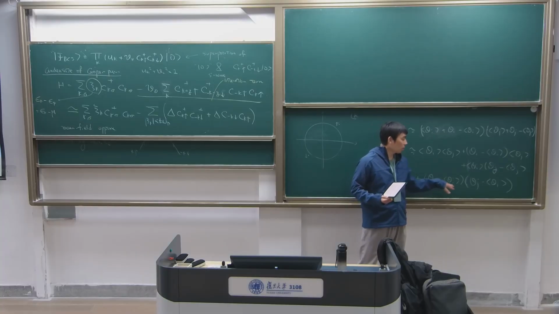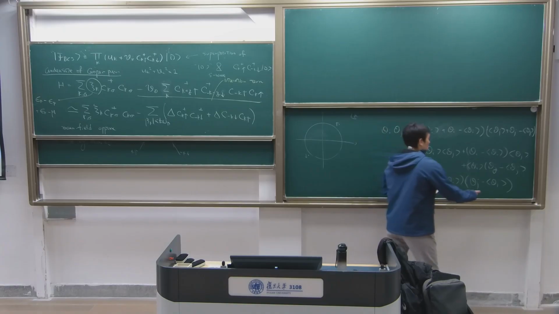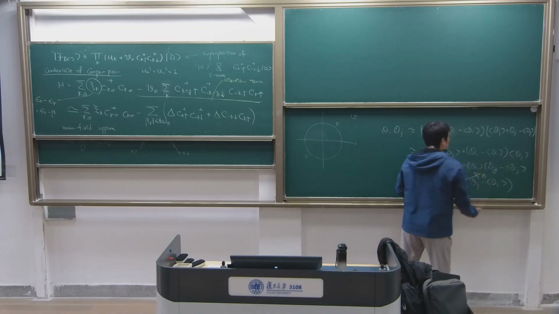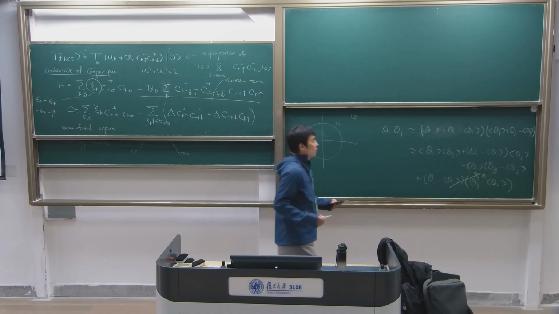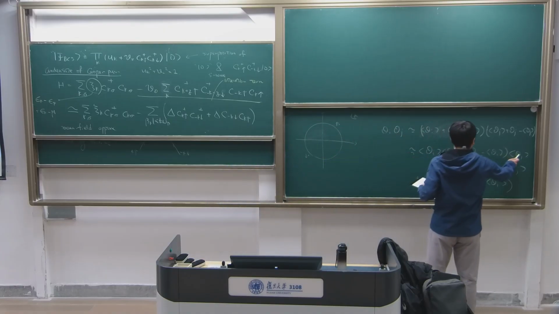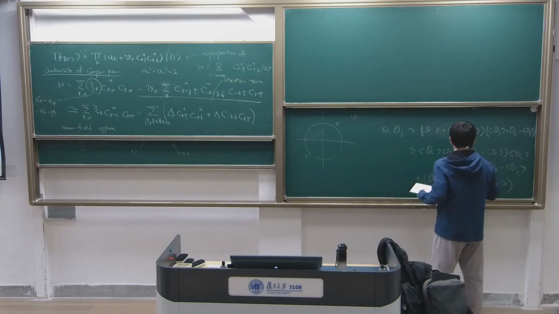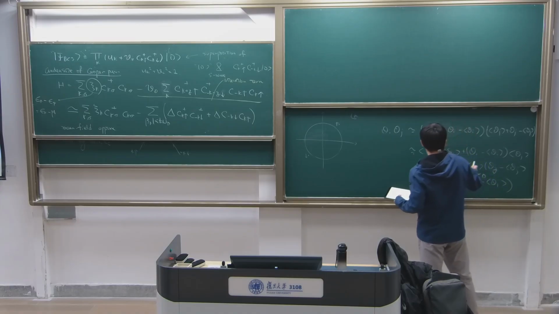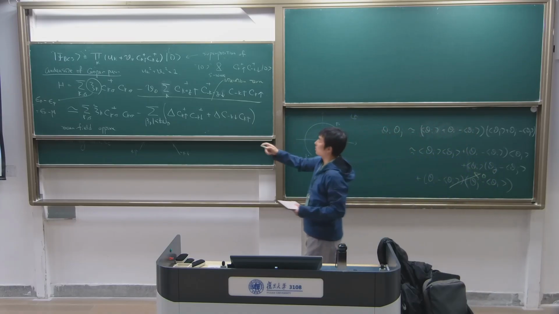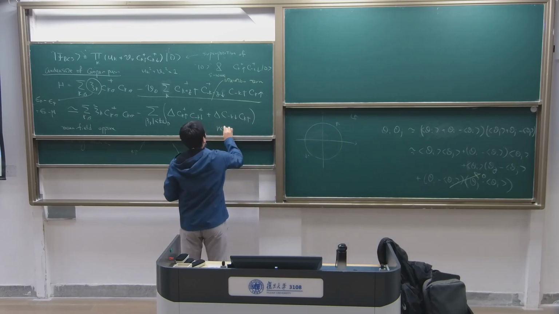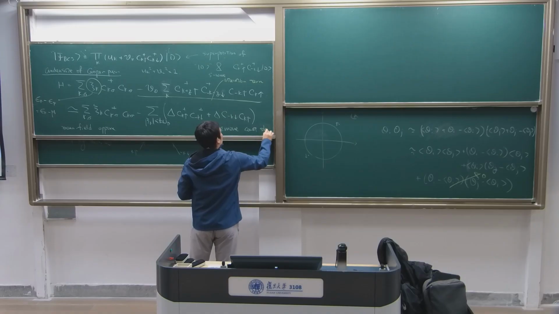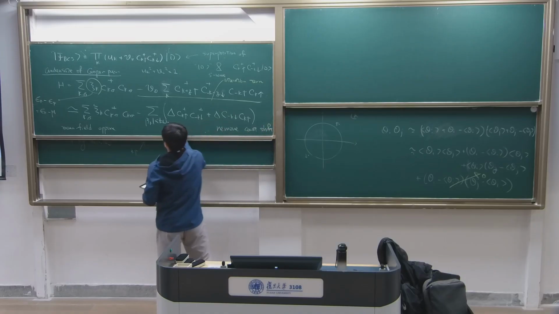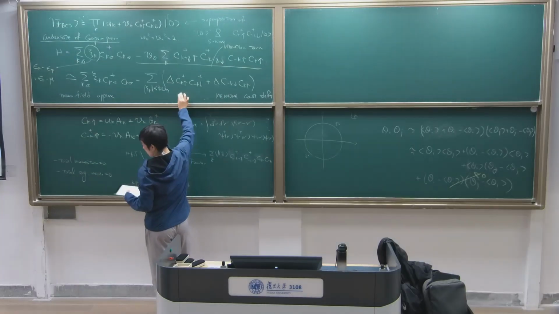If the deviation is small, the quadratic term we just ignore, set equal to 0. And then we have O_I and its expectation value, O_J and its expectation value, and we just remove the constant. We get this.